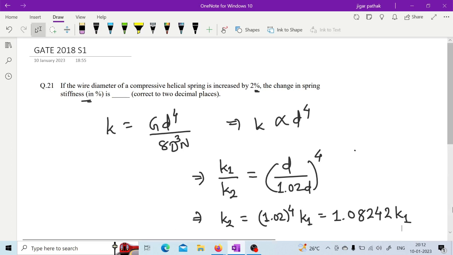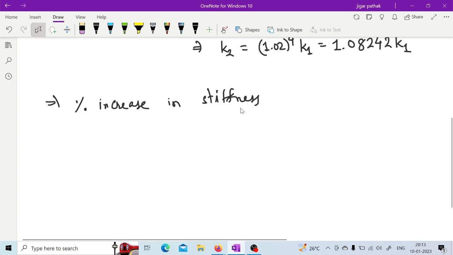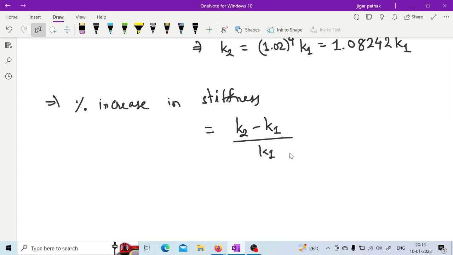Now the percentage increase in stiffness they have asked. That will be equal to K2 minus K1 upon K1 into 100, so you will get it in percentage.